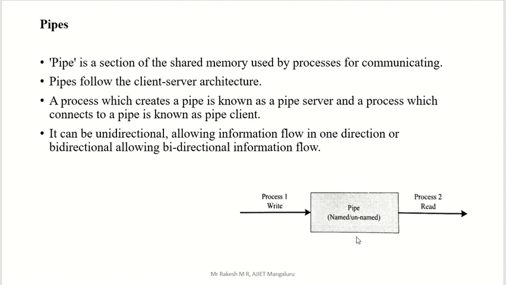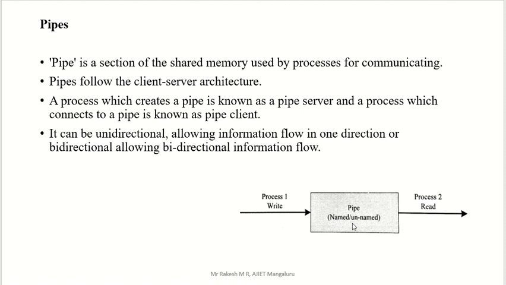On one side we have the client, and on the other side we have the server. The client requests anything from the server, then the server sends the requested item to the client. If that thing is not there with the client, only then the client will ask for that item from the server.